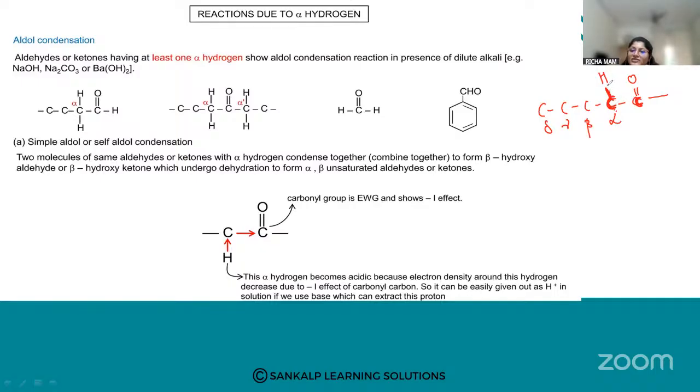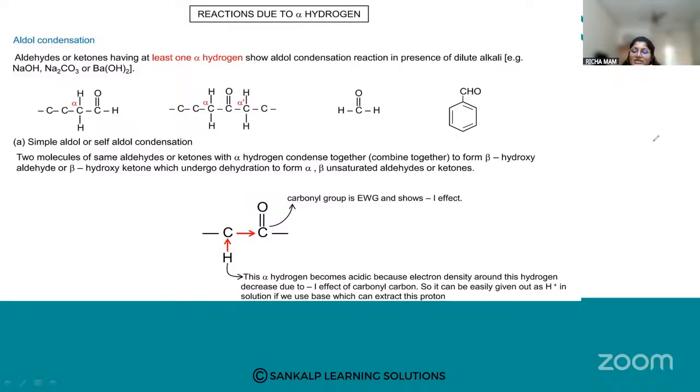If there is at least one alpha hydrogen on the aldehyde or ketone, then it will show aldol condensation. This aldol condensation occurs in the presence of a dilute alkali. You can use dilute alkalis like NaOH, sodium carbonate, or barium hydroxide. There are two types of aldol condensation.